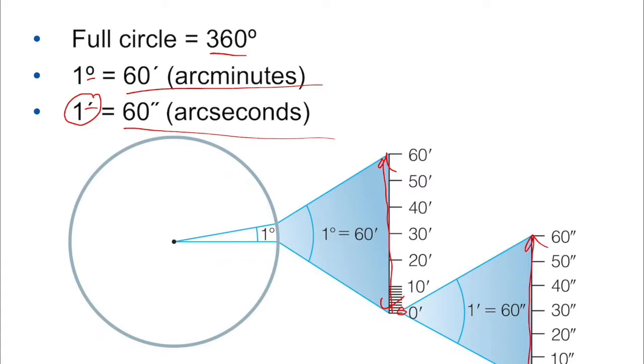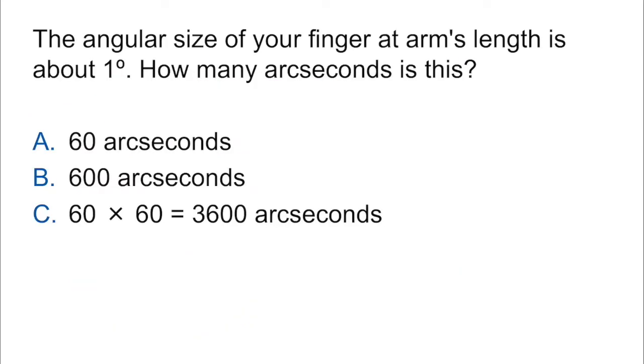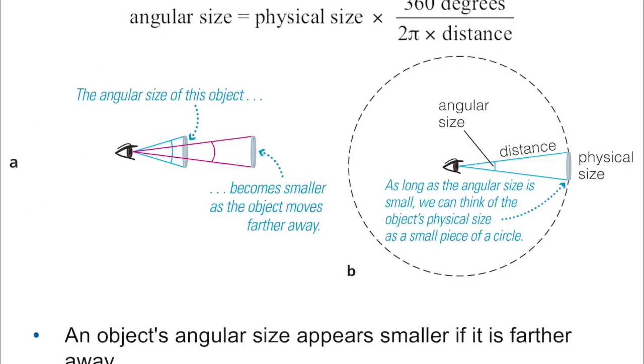So then, how many arc seconds are in 1 degree? Got an answer? 3,600. Okay, so there are 3,600 arc seconds in every degree. That means there's a lot of arc seconds from horizon to horizon passing through the zenith, aren't there? Okay.